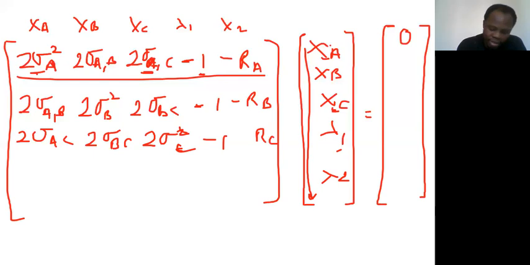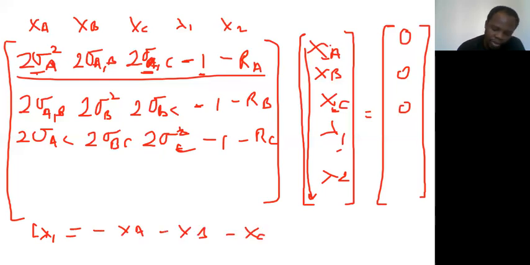Great. Now let's look at the fourth equation. This one is also equal to 0, right? The fourth equation, we had it as L lambda 1. So we said L lambda 1 is equal to minus XA minus XB minus XC plus 1 equals 0, right?